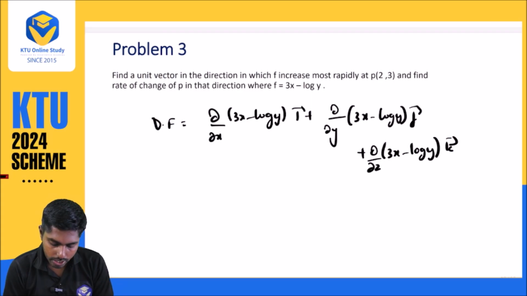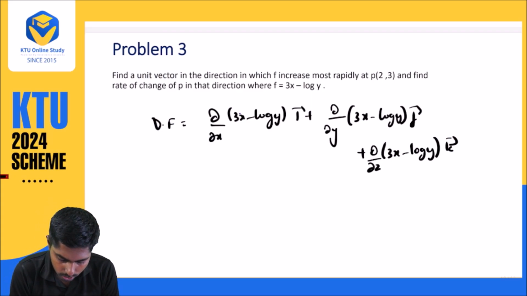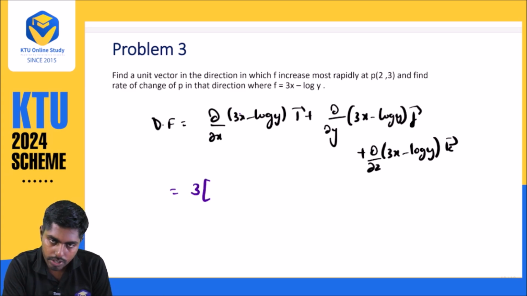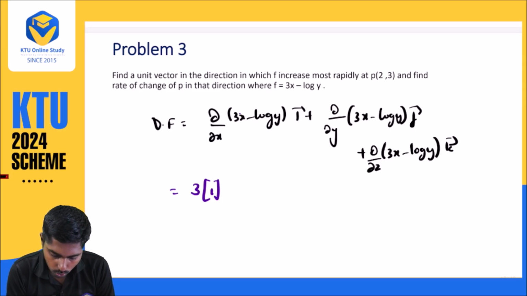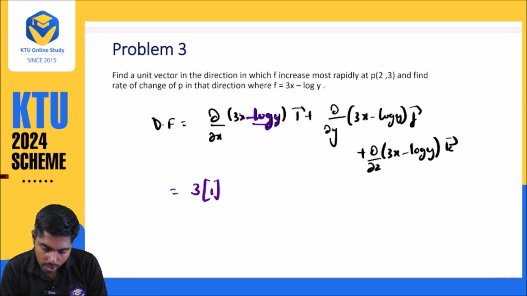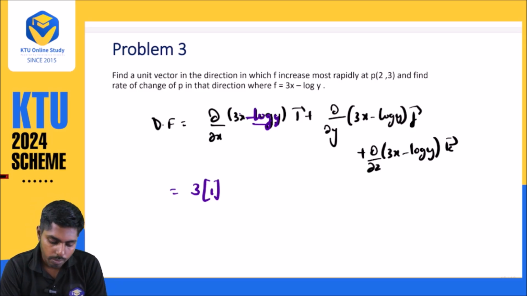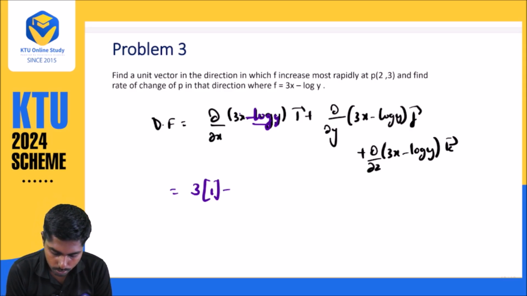From here we want to take the partial derivatives. Partial derivative with respect to x: here 3 is constant, so I take 3 outside, and differentiation of x is 1. Minus log y is a constant with respect to x, so it becomes 0, giving minus 0 into i vector.